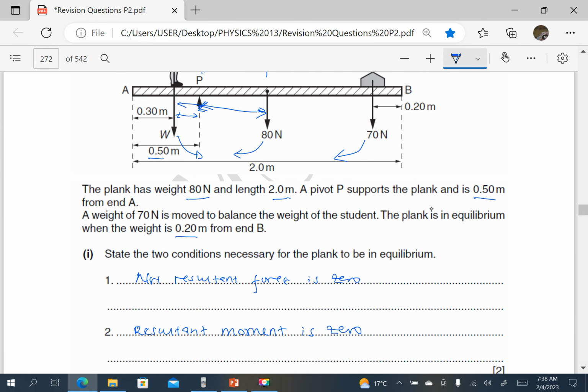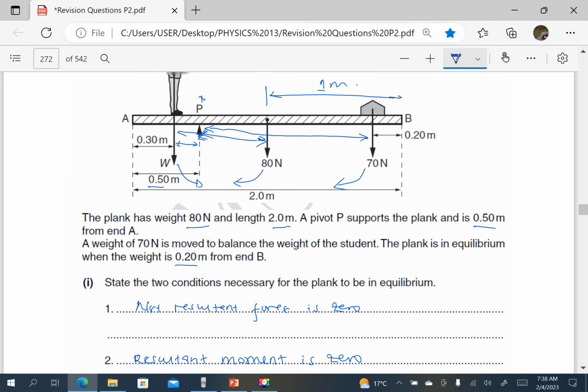Its perpendicular distance will be this distance here, which is 2 meters minus 0.5 on the left hand side minus 0.2 on the other end of B.